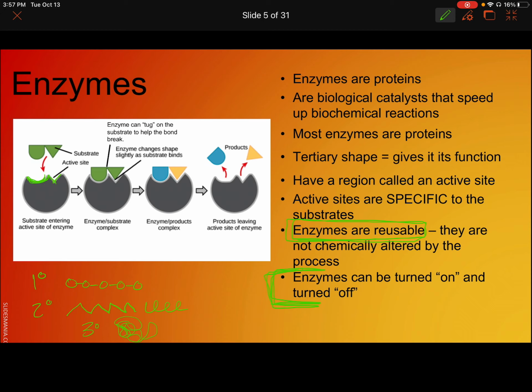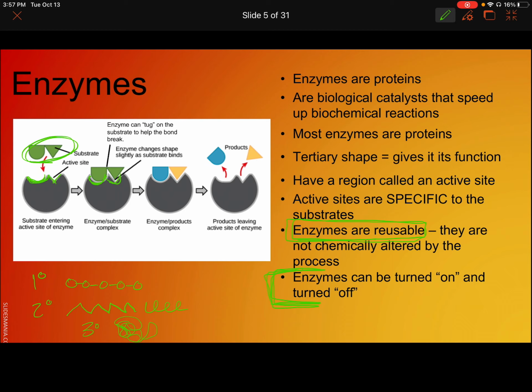I want to point out too that when the substrate binds, this is an example of a substrate that is going to be broken down by the enzyme. Enzymes, remember, can put things together and take things apart.